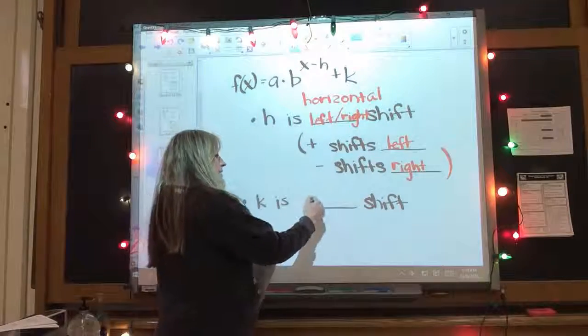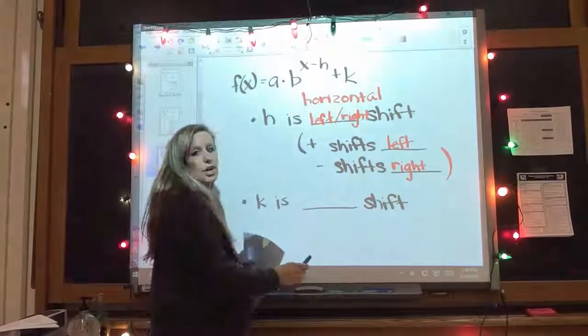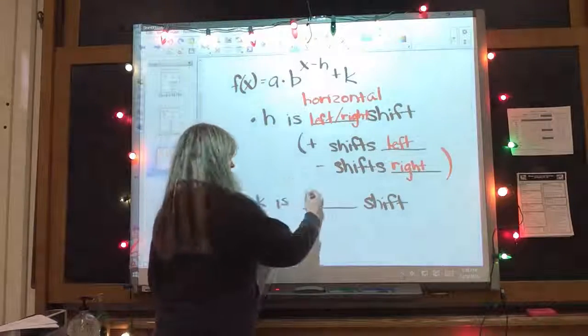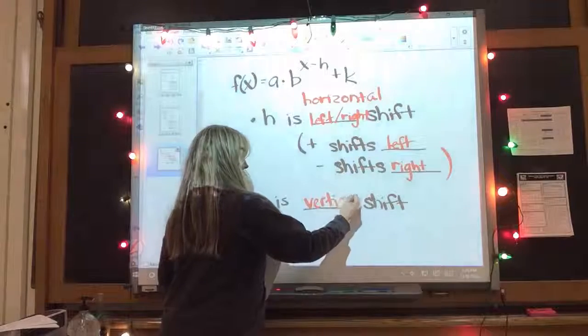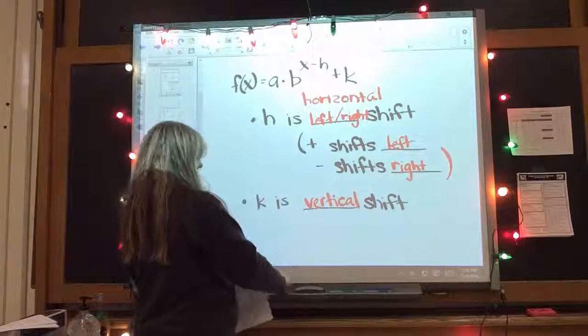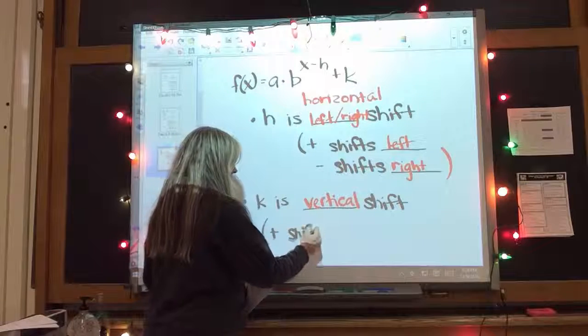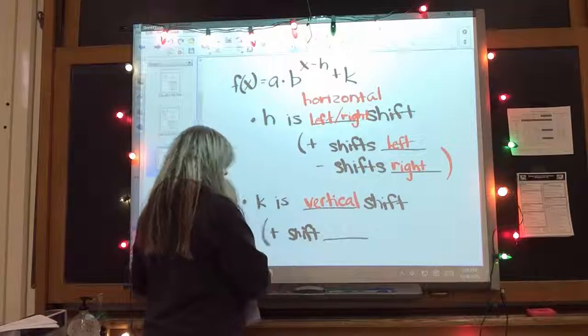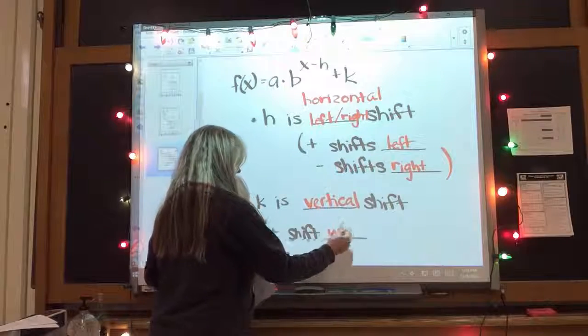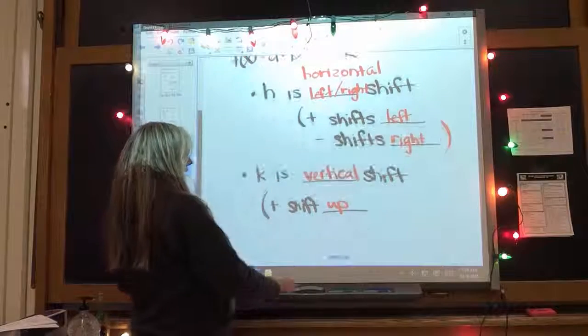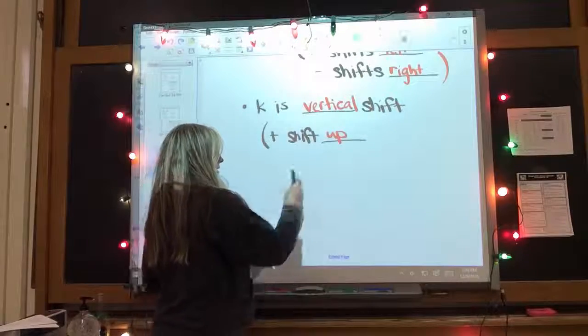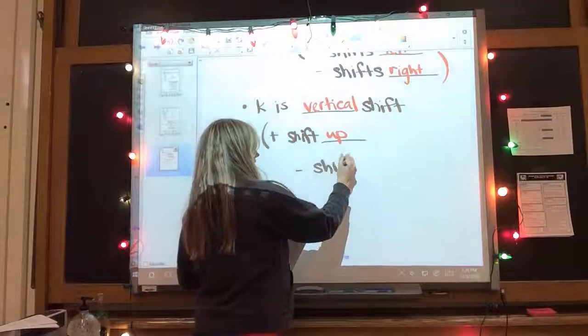And the better way to say it is that it gives you a vertical shift, up or down. All right, so if you have plus k at the end, it's going to shift it up. If you have minus k at the end, it's going to shift it down.